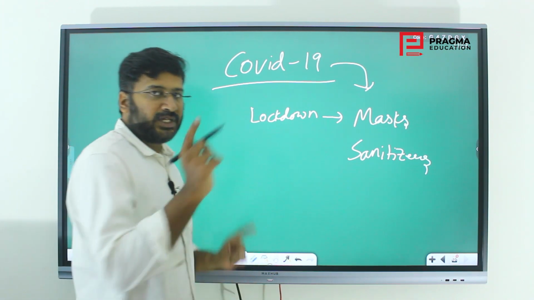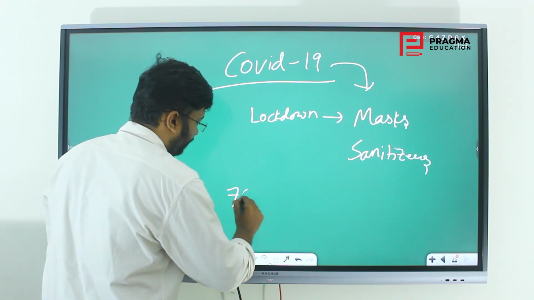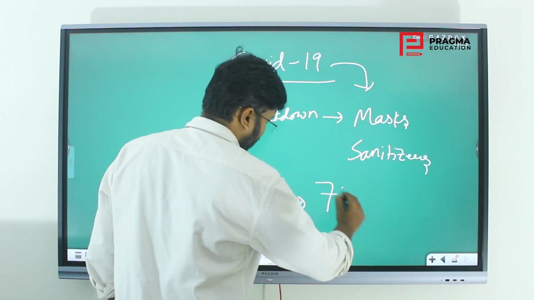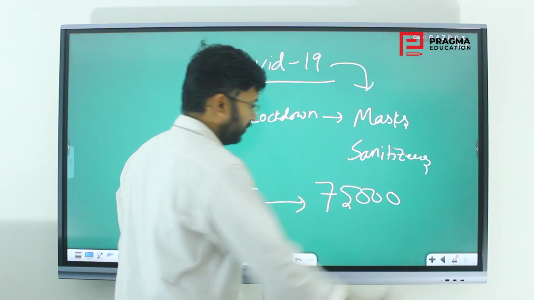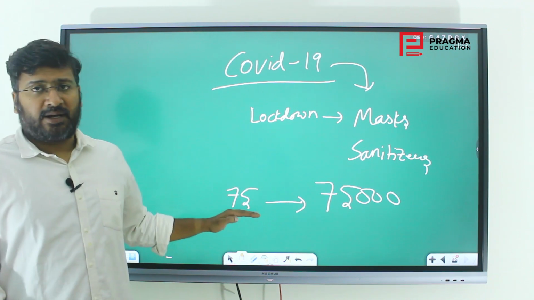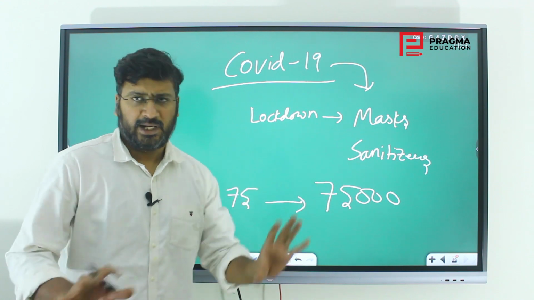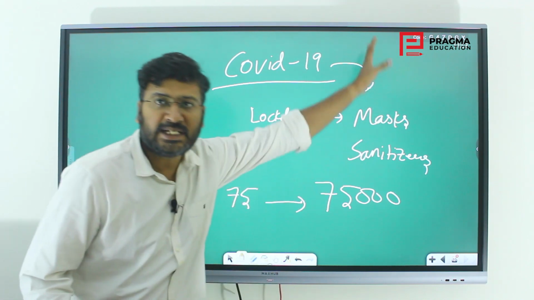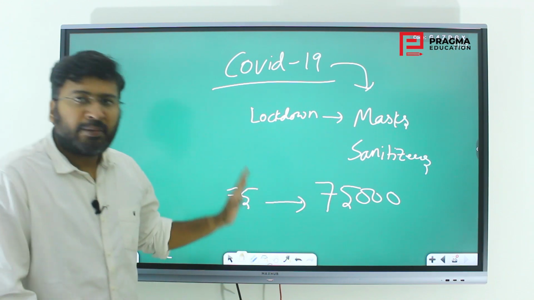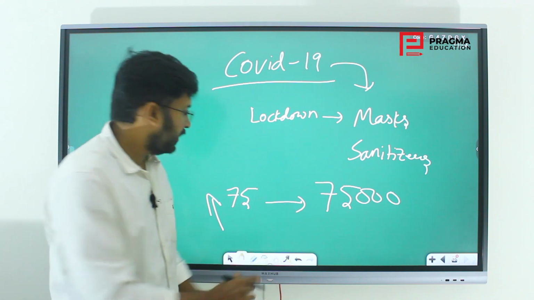Say, suppose in that situation, the supply was around, like this example, 75, and the demand was around 75,000. Meaning 75 masks are ready to be bought by 75,000 people on that day. This is just an example, because of the increase in demand. If the government doesn't take necessary steps and increase this supply, what would happen?